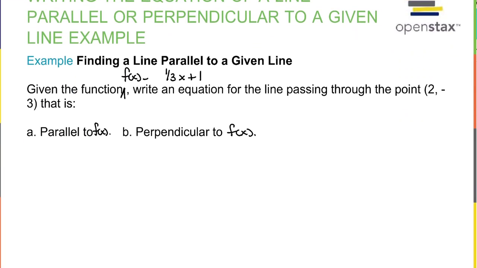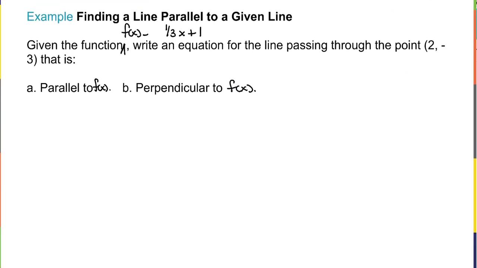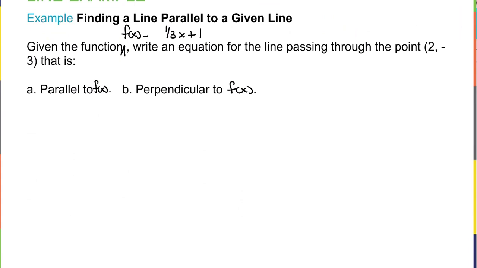So either one of these, you do have the option for using point slope form. So given the function f of x equals 1/3 x plus 1, it says write an equation for the line passing through the point (2, -3) that is parallel to f of x and perpendicular to f of x.